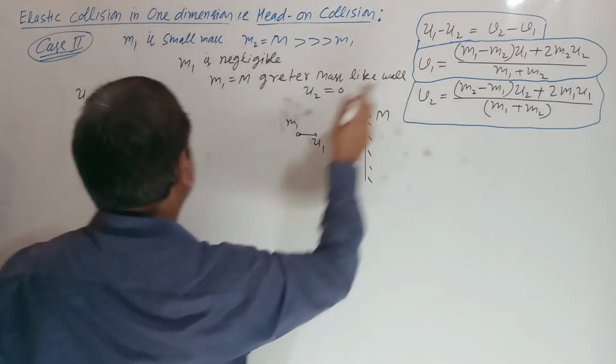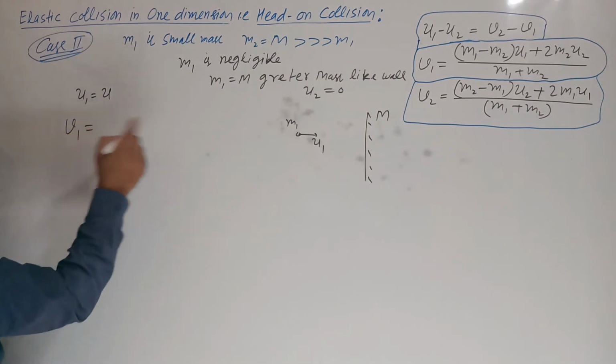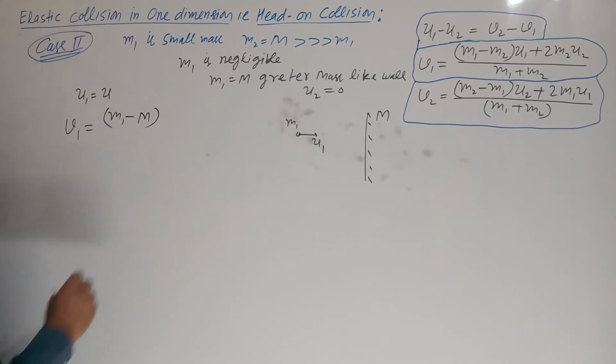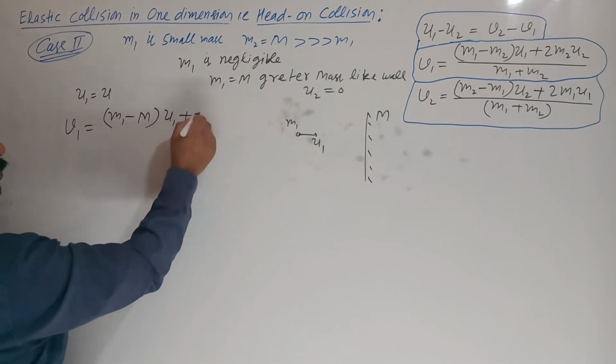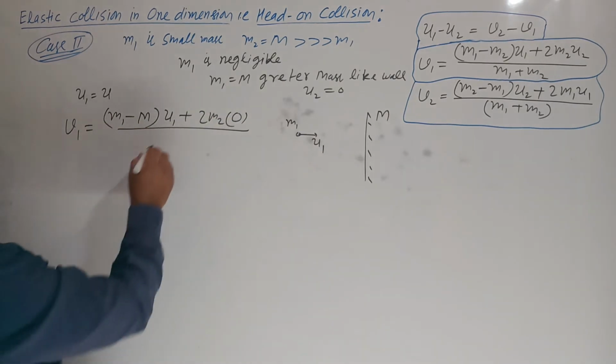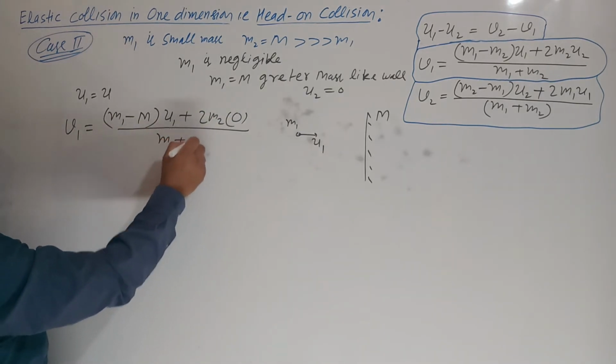What will be the velocity v1? v1 is equal to what? m1 minus capital M times u1 plus 2 M2 u2, which is 0, divided by m1 plus M.